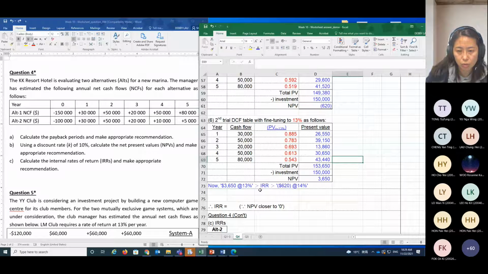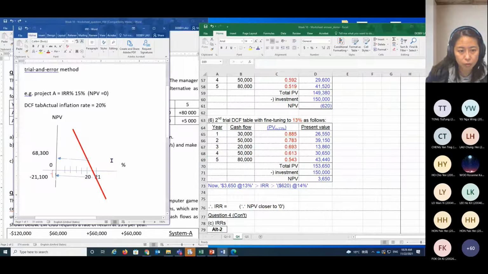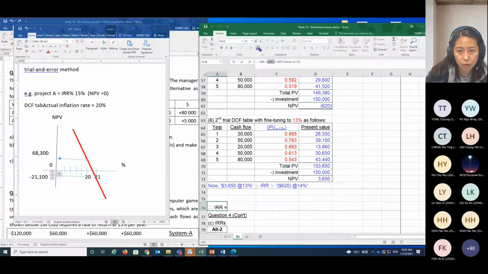It seems closer to 14%. By the theory from the diagrams, you can draw a conclusion. The NPV at 14% is closer to 0, so the answer should be 14% instead of 13%.